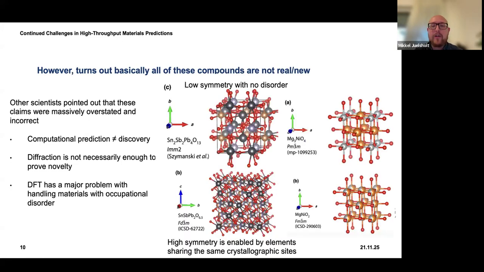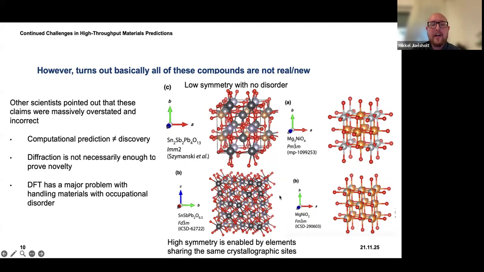biggest impact that really maybe shook every part of the field a little bit was this insight that DFT, which is, I think, the common method to look at predicting stable materials, has an enormous problem handling this occupational disorder in materials.